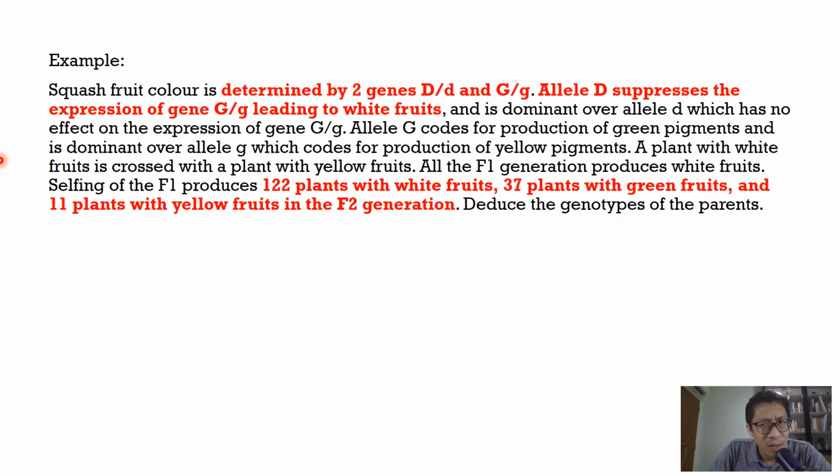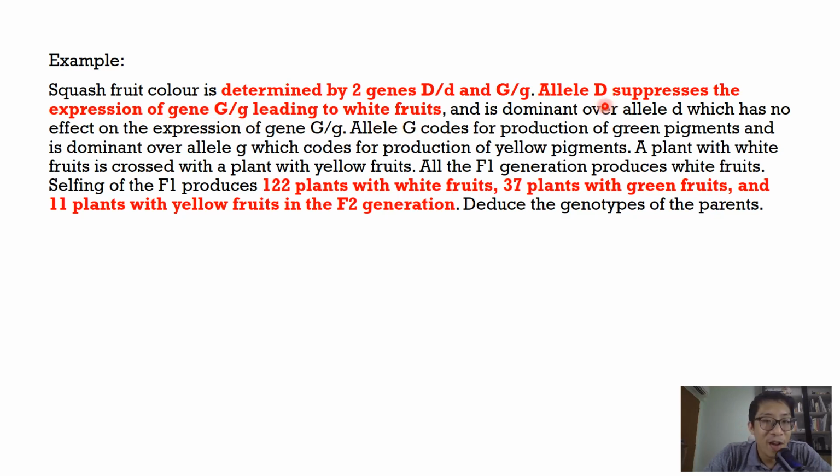Okay, so again, we'll start off with the example given in the notes, where we have squash fruit color. So again, one trait, one phenotype determined by 2 genes. So very clearly, another example of gene interaction. You have the one gene, gene D, with the dominant allele that suppresses the expression of the other gene, gene G, leading to white fruits.